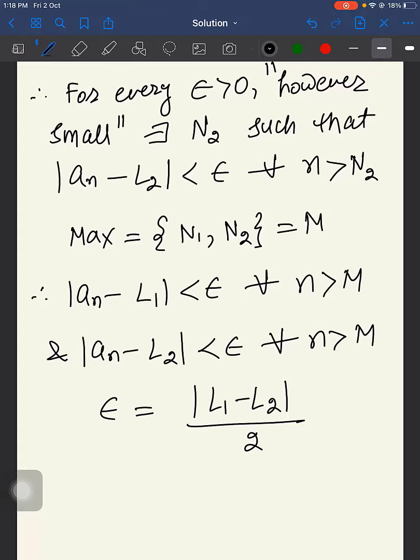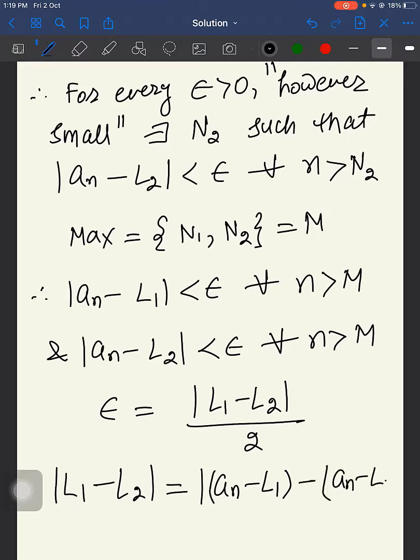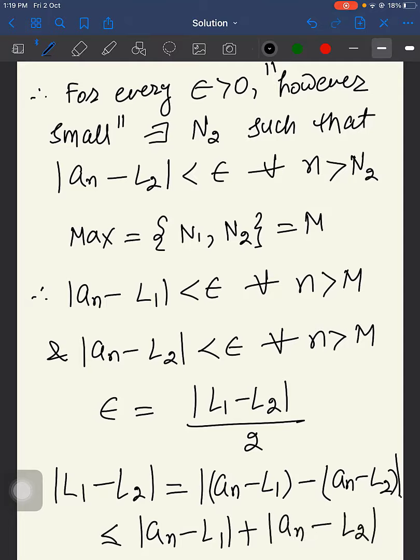Now you consider this difference, that means L1 minus L2. Now can you write it as (an minus L2) minus (an minus L1), right? And this by the triangle inequality will be less than or equal to the sum if we distribute the modulus over these two terms.